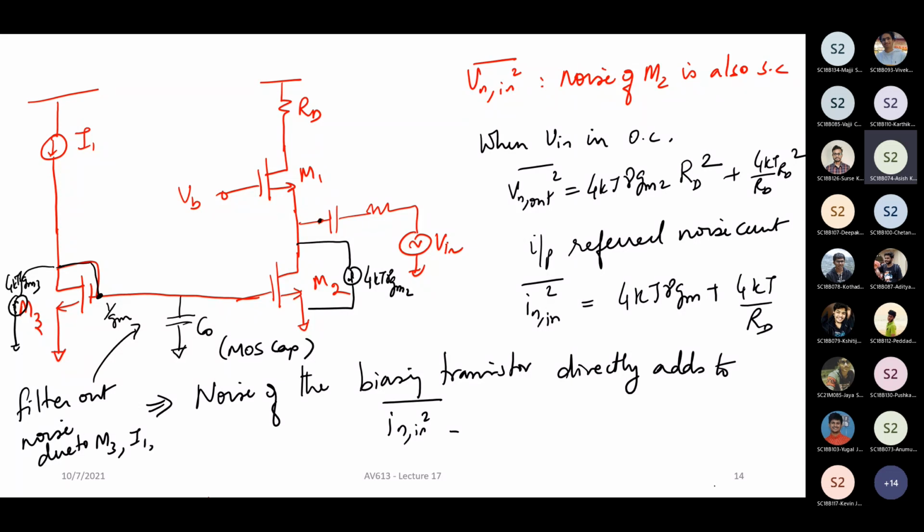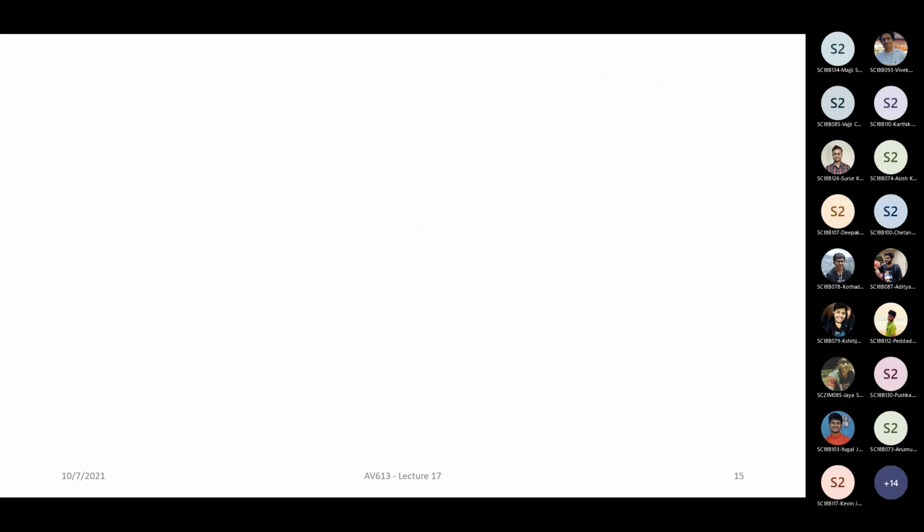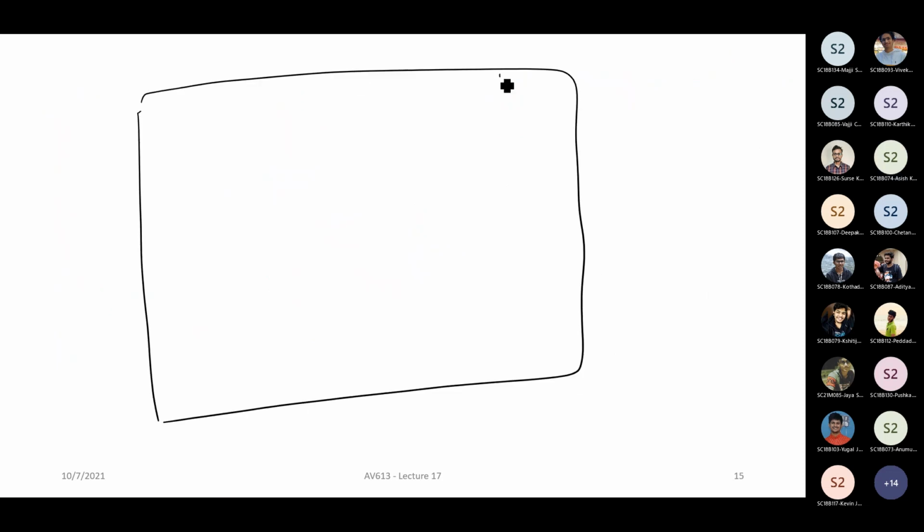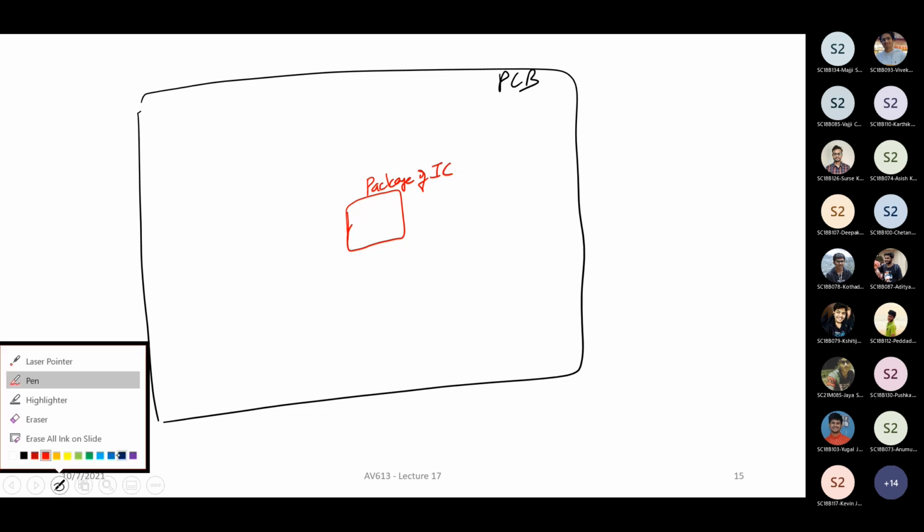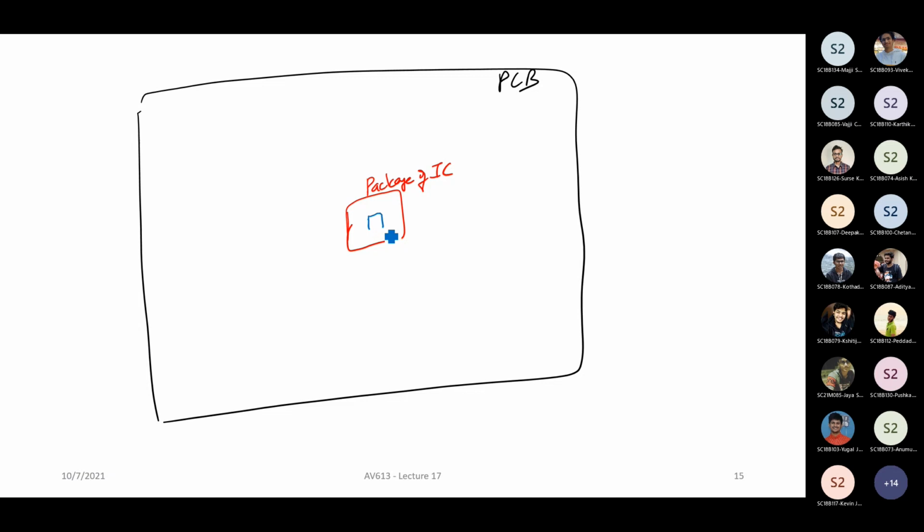Okay, let me give you some clarity. Let's say this is our PCB. Let's say this is our IC package of the chip. Within this is going to sit your actual die.